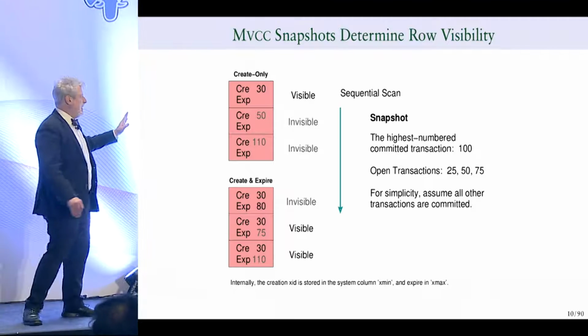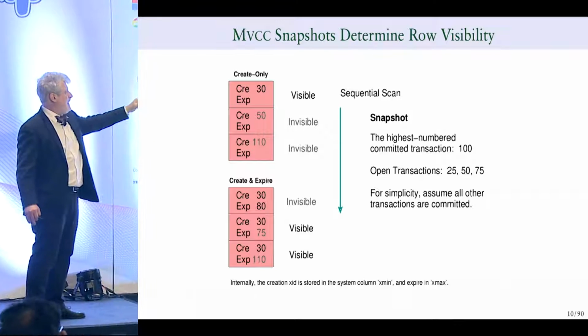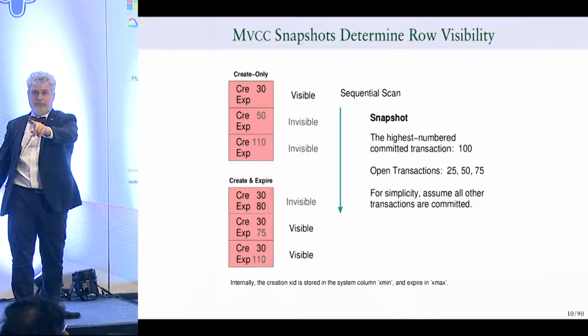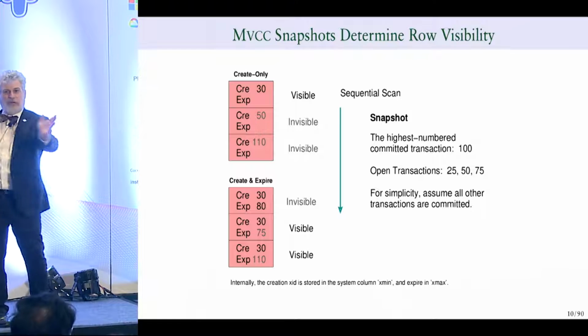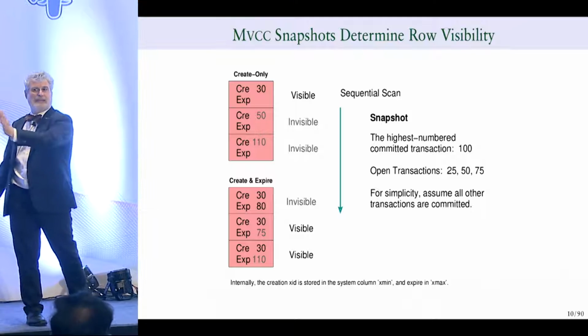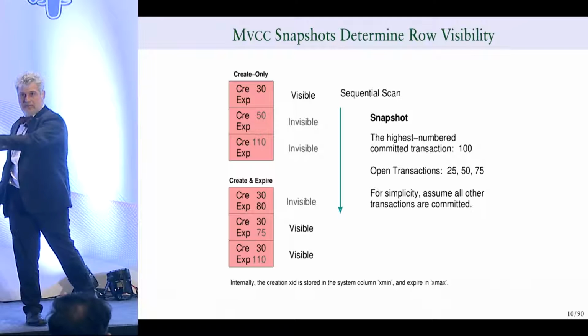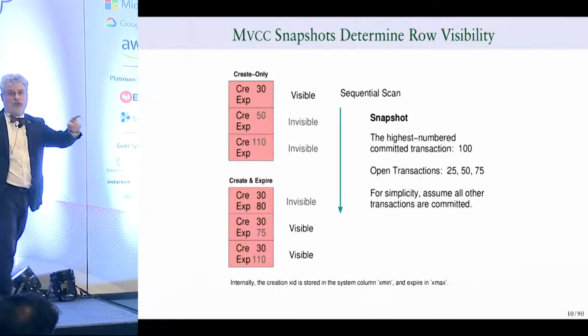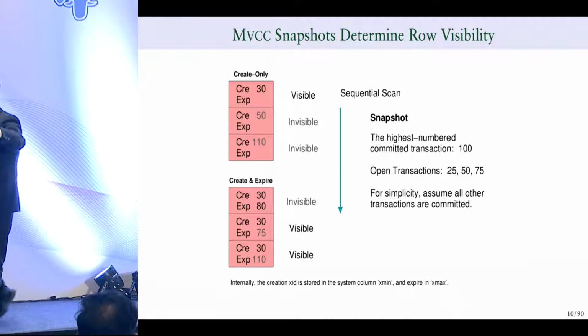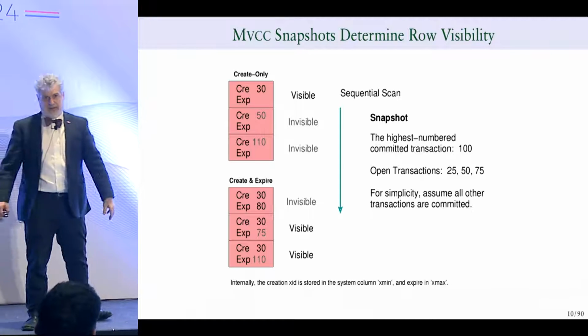Our snapshot says the highest numbered committed transaction when we took our snapshot was 100. Therefore, we can't see the effects of everything 100 and greater. And also 25, 50, and 75 were running at the time we started. So those also are not visible to us.